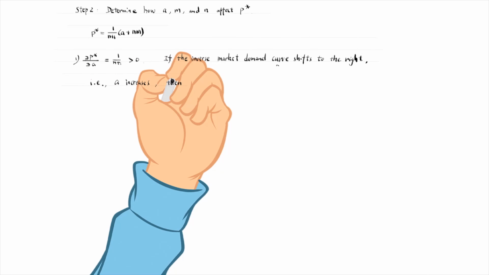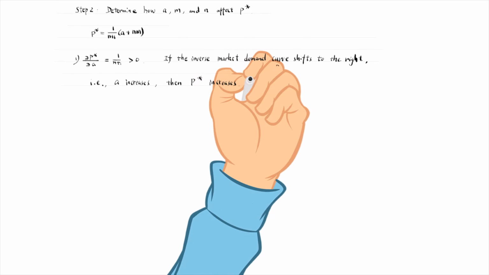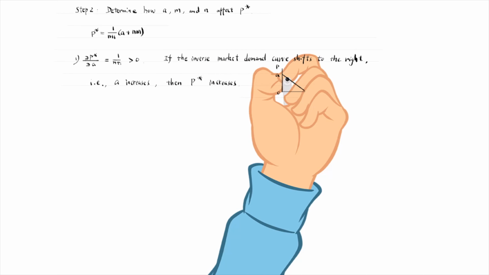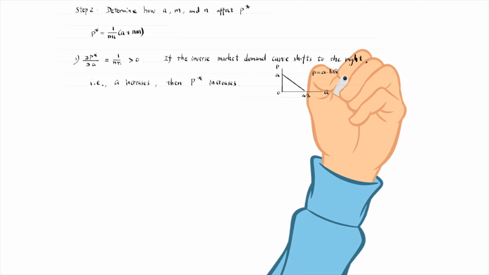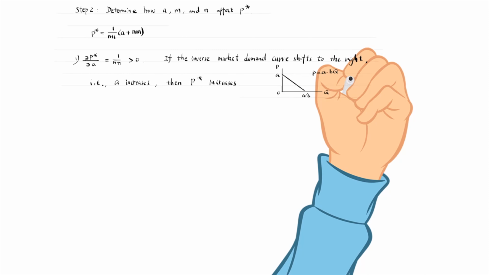We can draw the inverse demand curve to help us understand the parameter A. For the linear inverse demand function, A increases as the curve shifts to the right. When the curve shifts to the right, the market demand increases because for each given price, the quantity rises. So the result implies that, holding other factors constant, when the market demand increases, the Nash-Cournot equilibrium price increases.